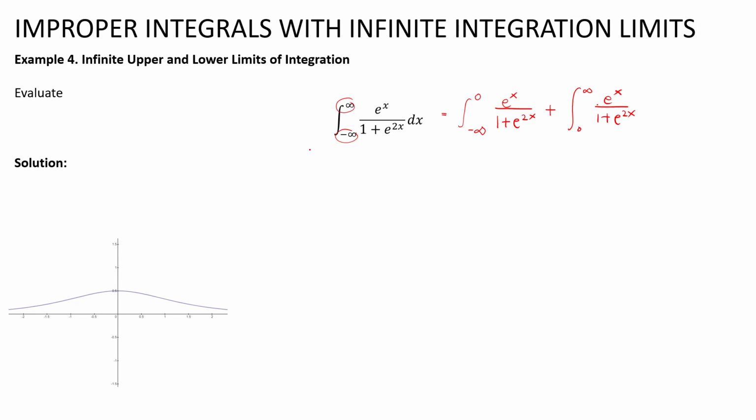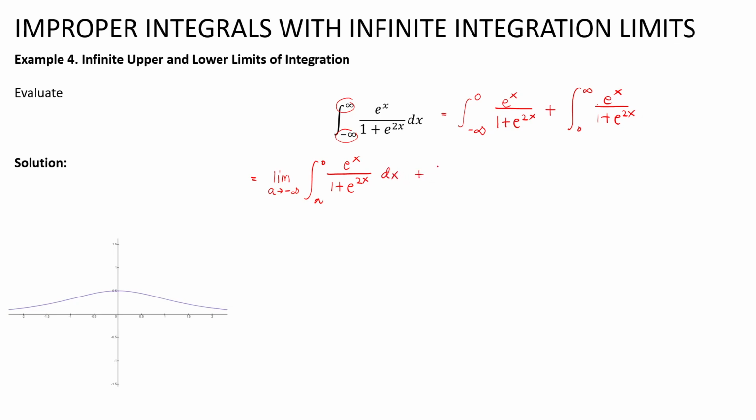Alright? So taking the lower limit and upper limit outside the equation, the first equation is the limit of a approaches negative infinity, and that will be a going to 0, e raised to x over 1 plus e raised to 2x dx.